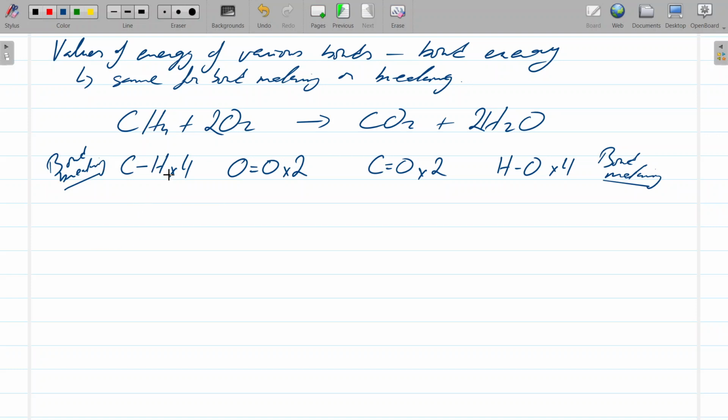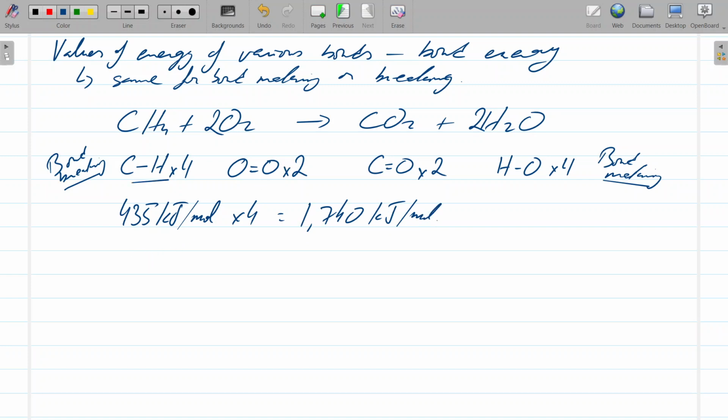So first we calculate the energy of these bonds. How much is the energy of a C-H bond? It's 435 kilojoules per mole times 4, and that gives me 1740 kilojoules per mole for CH4.